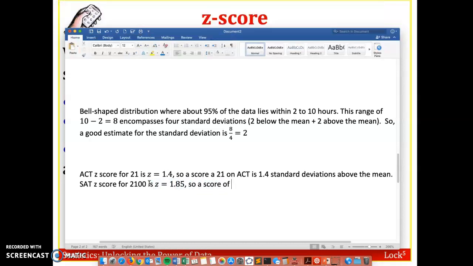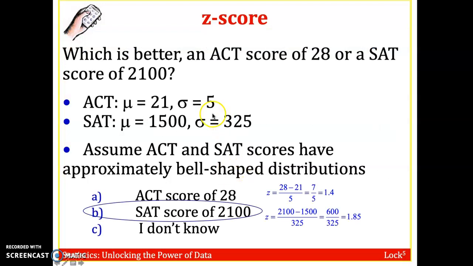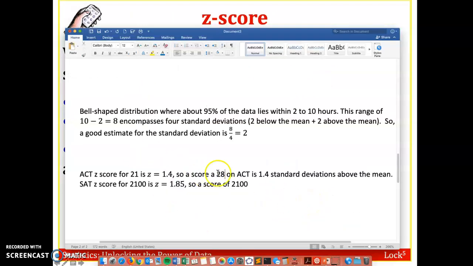Oh, sorry, this should be 28 up here from the previous slide. That should be 28 as well. Okay, so typo. So we're looking at 28 minus 21. So 28 gives you 1.4 standard deviations, and 2100 on the SAT is 1.85 standard deviations above the mean.